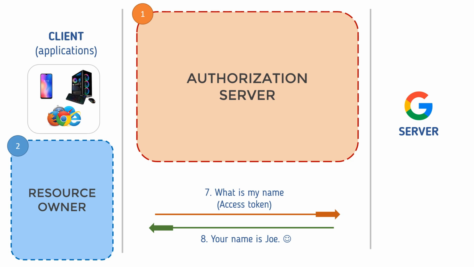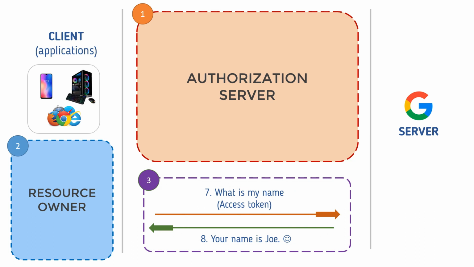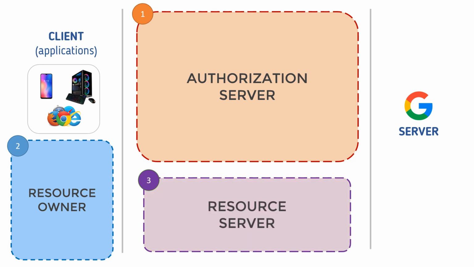So when we look into step number 7 and 8, in these we are dealing with an entity called a resource server. So basically in open authentication there are three entities that our application deals with: an authorization server, a resource server, and a resource owner.